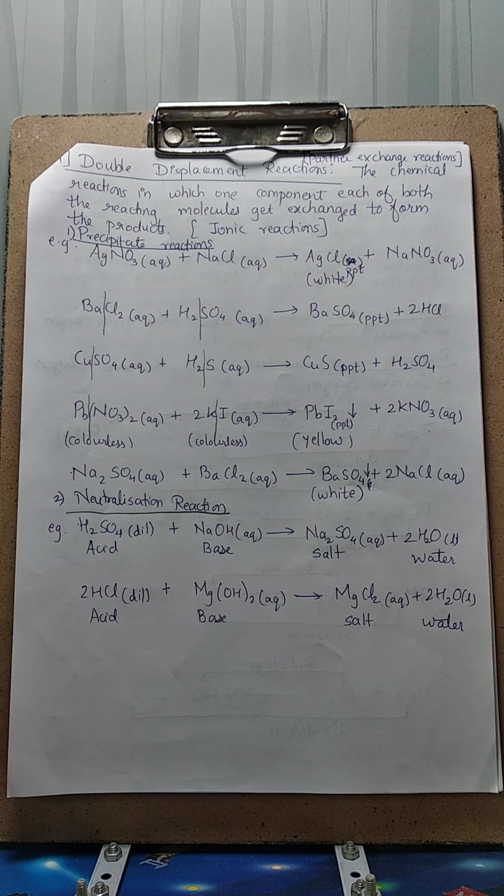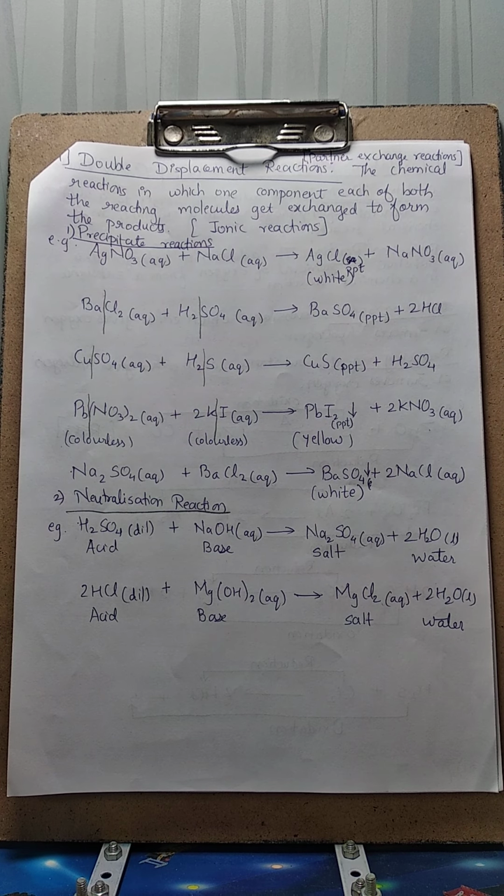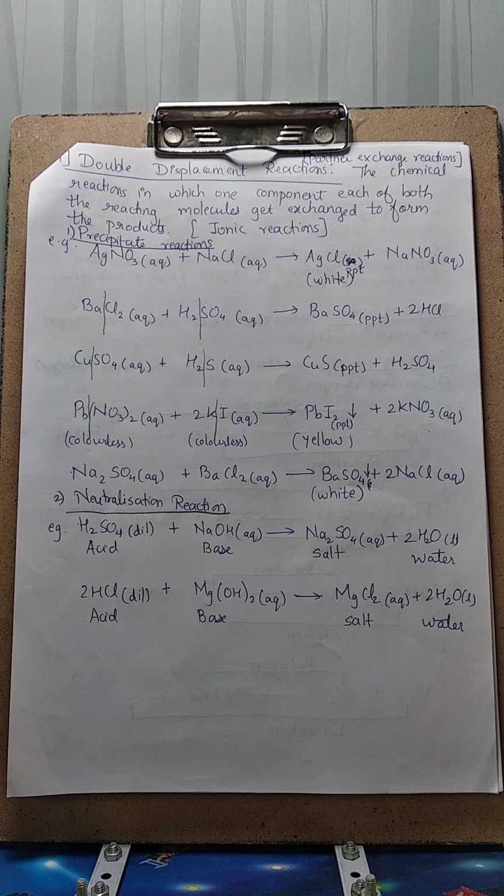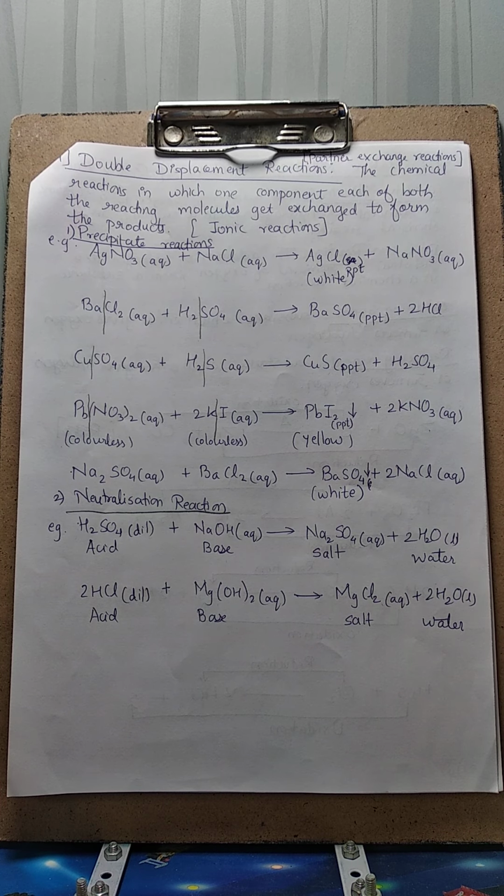So we have seen double displacement reaction, also called partner exchange reactions or ionic reactions, in which the partners get exchanged. These reactions are very easy to memorize. You don't have to learn this reaction. If you know the reactants, you can easily form the products.